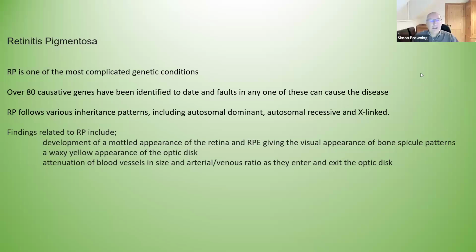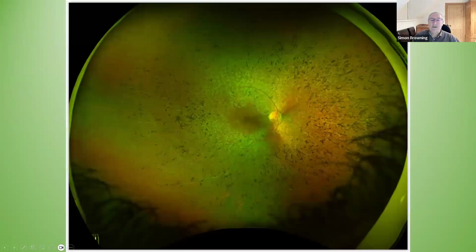The classic mottled appearance of the retina, the pigmented lesions, you get the bone spicule type patterns there, the appearance of the optic disc looking waxy and yellow, and the attenuation of the blood vessels. So it's a classic sort of ret pig there. And you've got the very classical appearance of these pigmented lesions here.